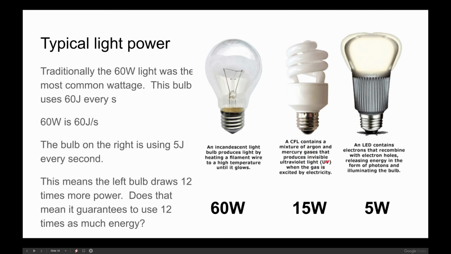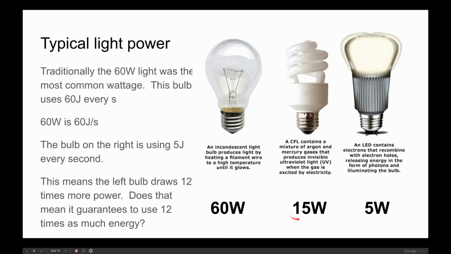Now, the newer bulbs here, this 5 watt LED bulb is just as bright as the old 60 watt. Now, it's using 12 times less power than this one. 5 times 12 is 60. So this means this bulb uses 60 joules a second.